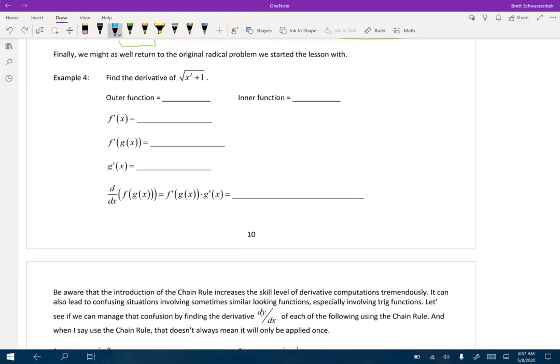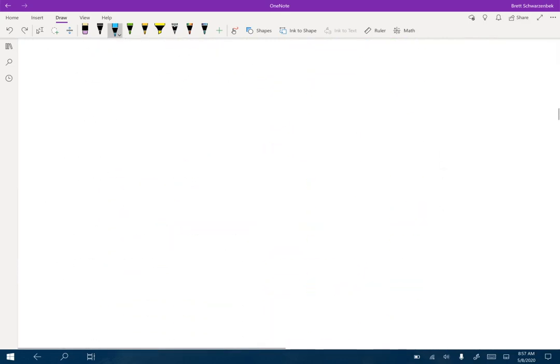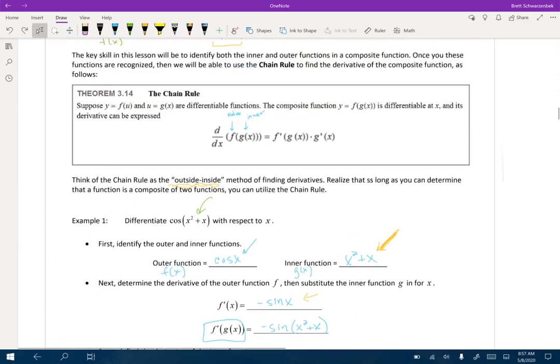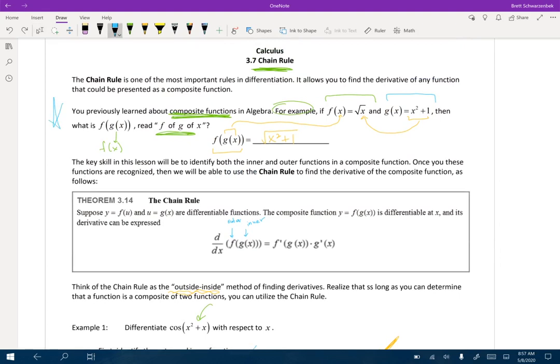Okay, so last example before we jump into just a billion problems, all types, shapes, and sizes. We have a radical problem, the square root of x squared plus 1. If you remember, that was the first composition that I showed you all the way in the beginning. We said, well, what if we took root x and x squared plus 1 and composed them?